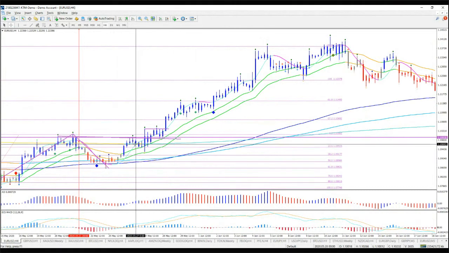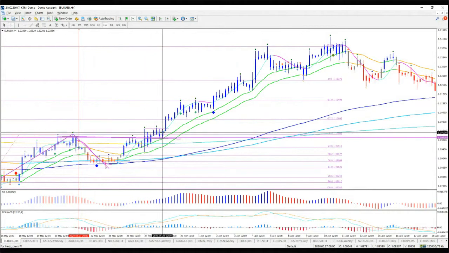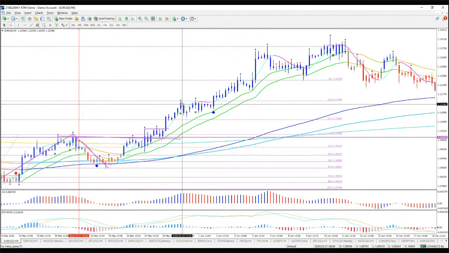Okay, so now let's say that the price moves up, goes sideways, moves up again, right? So we're in this position, there's momentum.